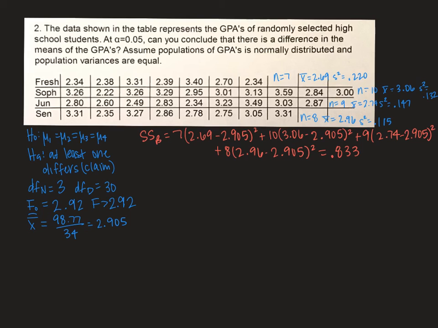And then SSW, we've got 6 times 0.220 plus 9 times 0.132 plus 8 times 0.147 plus 7 times 0.115, which gives us about 4.489.